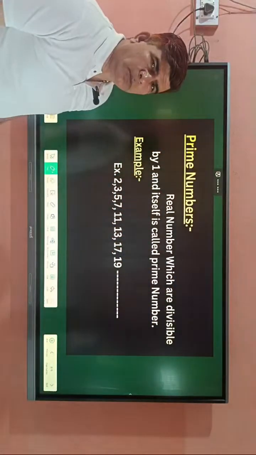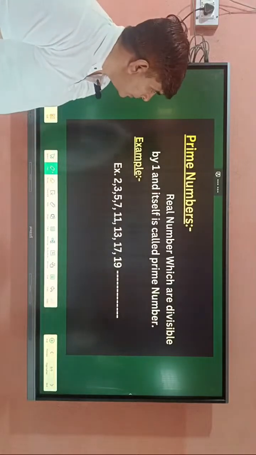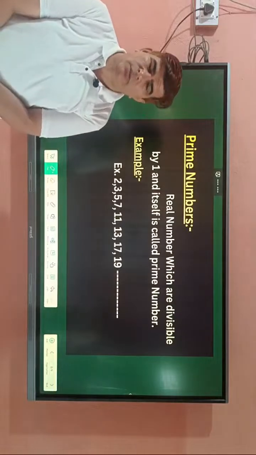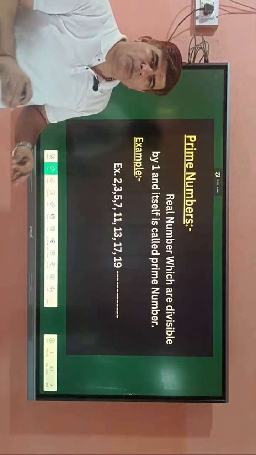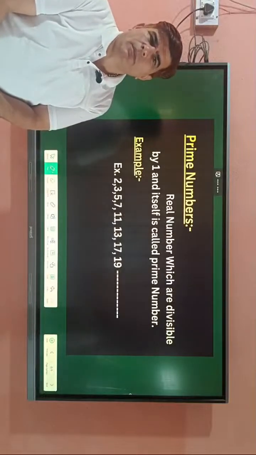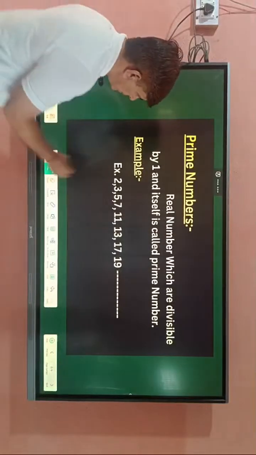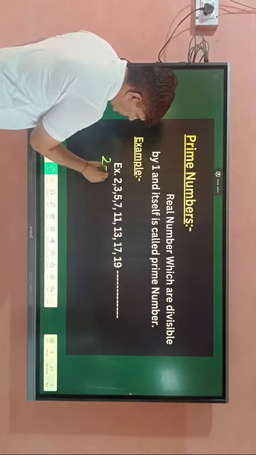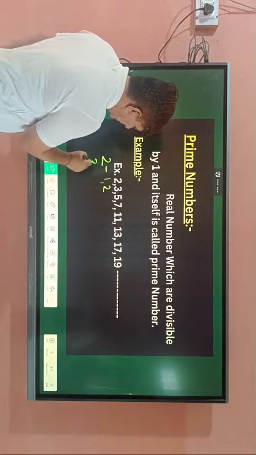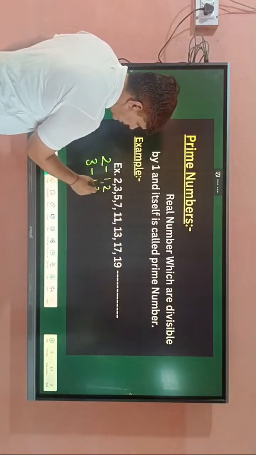Next, prime numbers. Prime numbers are the real numbers which are divisible by 1 and itself. Like 2: it's divisible by 1 and 2. 3: divisible by 1 and 3.